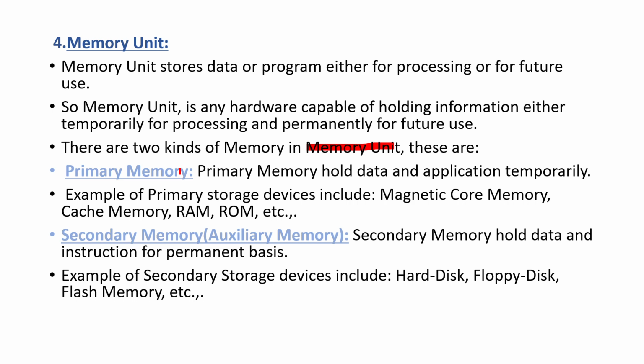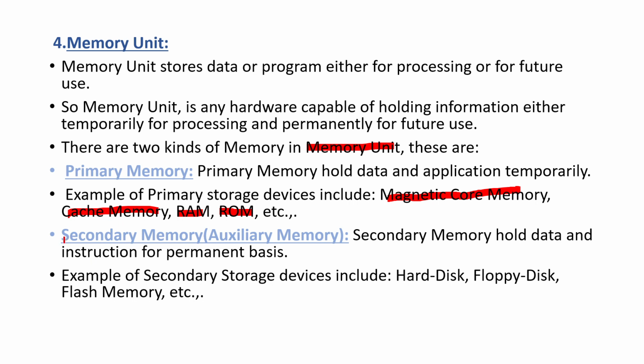It means whatever data is stored in the primary memory is not fixed for a long time, or it cannot be on a permanent basis. It is for a shorter period of time. Here are examples of primary storage: magnetic core memory, cache memory, random access memory and read only memory. These are the primary memory.